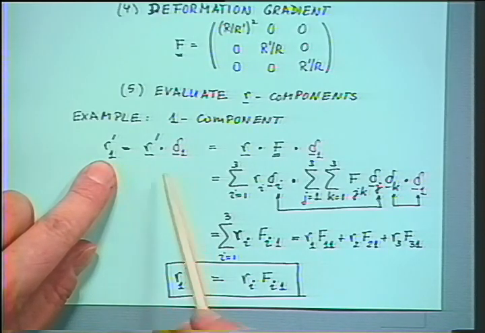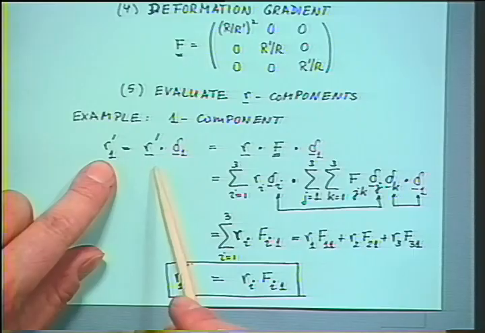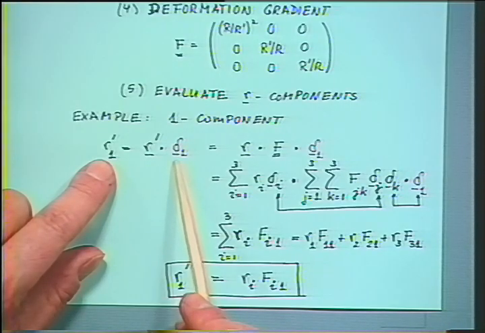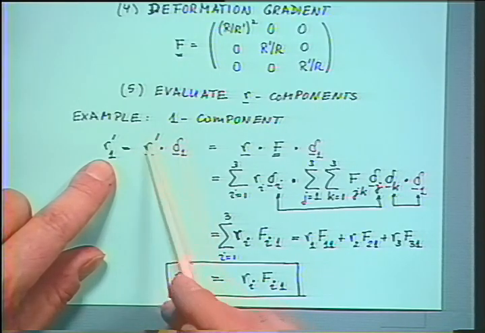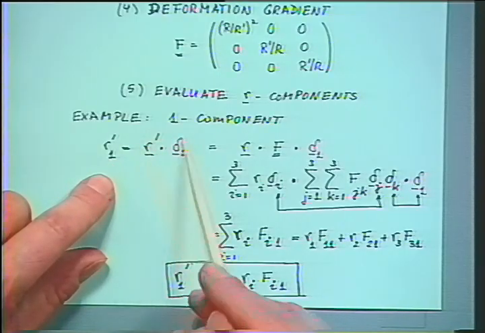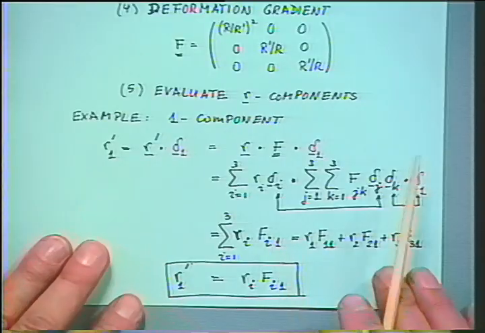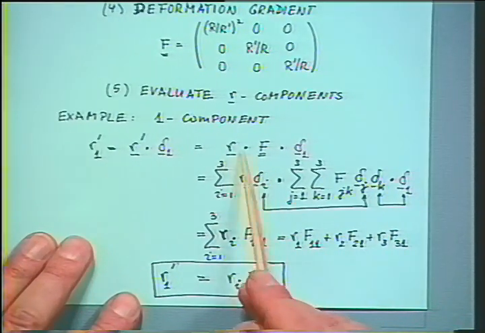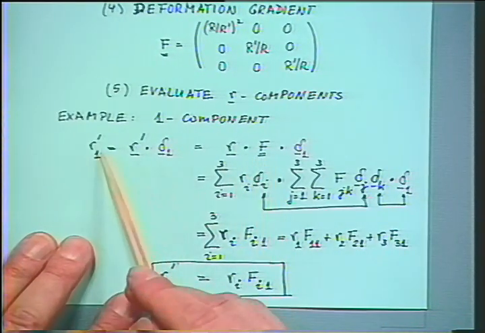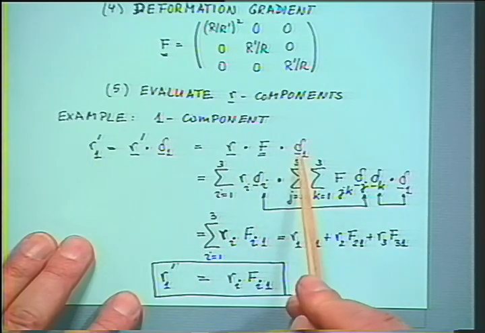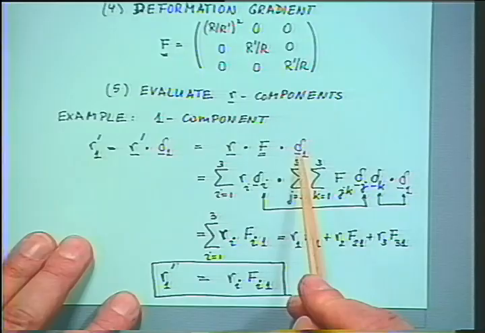That's given as R prime dot delta 1. It's just multiplied with a unit vector in 1 direction. That will give us R1. This is a scalar product, and the result is a scalar. So R1 is a scalar component. And that's defined with R dot F. That was our definition. R prime is R dot F, multiplied with delta 1, with our unit vector in 1 direction.